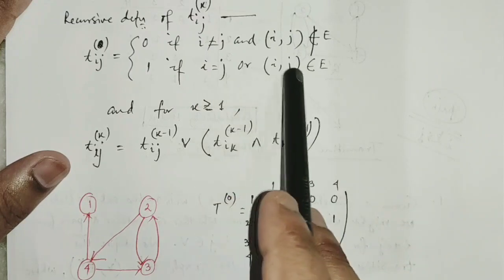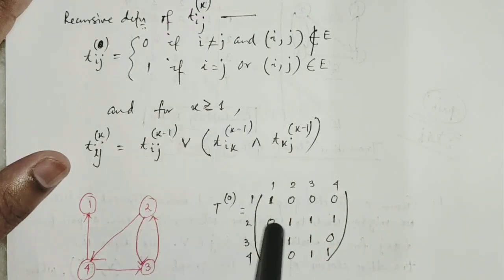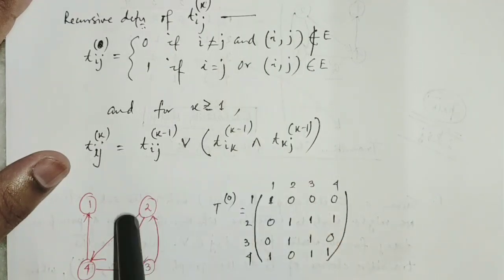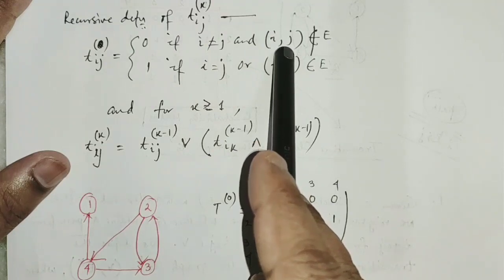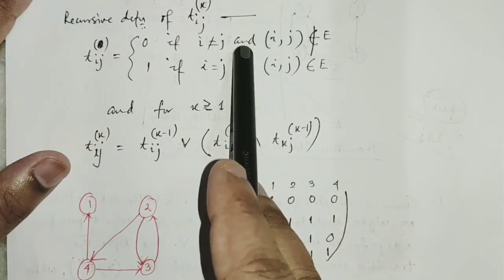So one condition is false, one condition is true. Ultimately it is an OR operation, the result is true, so the value is 1. In the first case, 2 not equal to 3 is true, but 2 to 3 there is an edge, so the second condition is false. First one true, second one false, it is an AND operation, so the result is false.